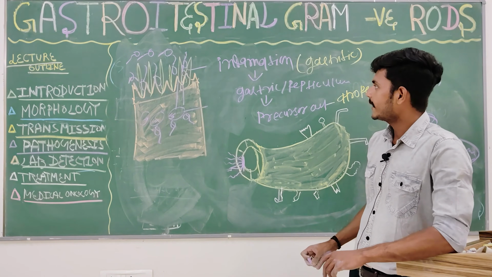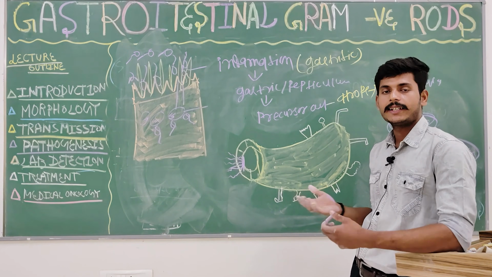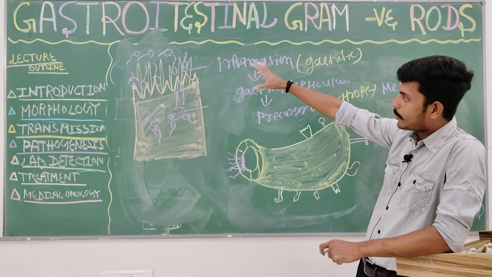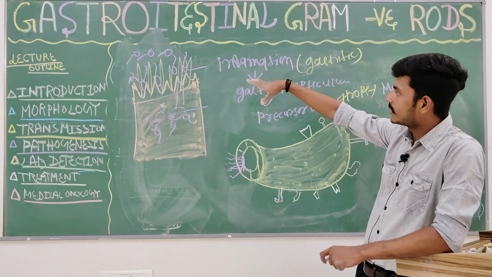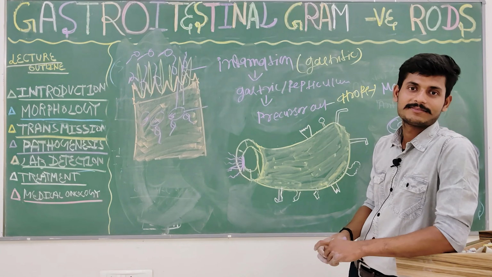Got the points once again? This H. pylori bacterium is present in the peptic area of the stomach, we know. And first, it adheres over the surface, and you know what? The thing is, it's very clever.